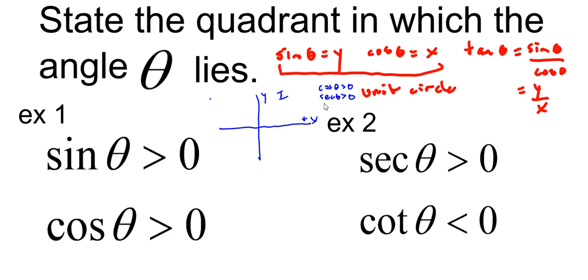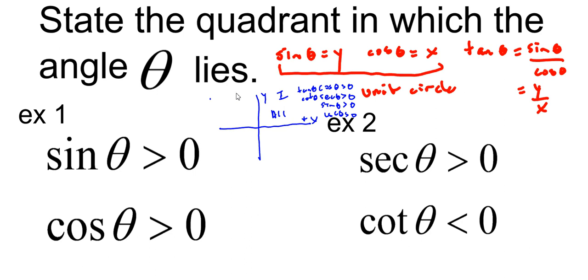We also know that y is positive, so sine and cosecant, and essentially all of the trig functions, tangent and cotangent included, are going to be positive in the first quadrant. All of them are greater than 0.